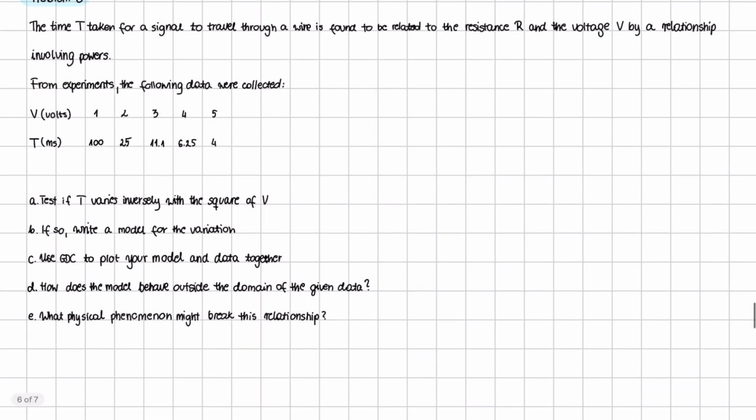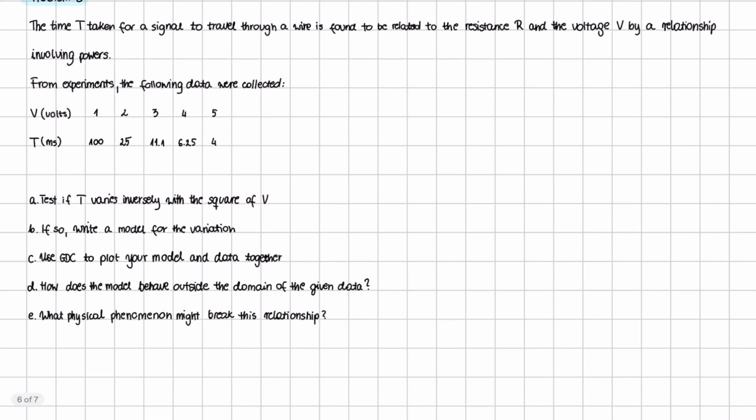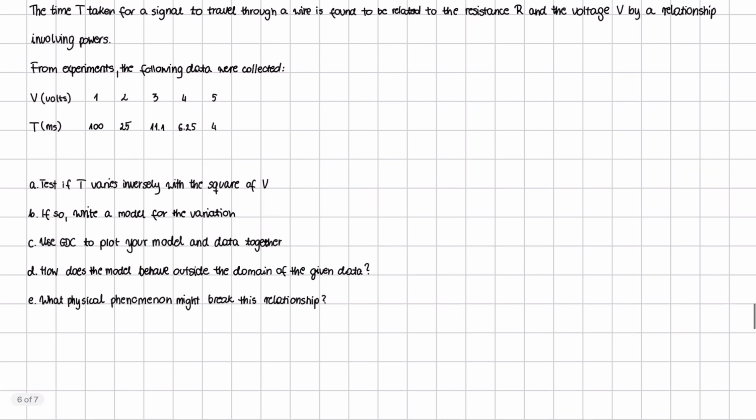In A we have to test if t varies inversely with the square of V. So basically we have the same situation as in a previous problem, however here we have to include the square of V. So we just add the power to our V.